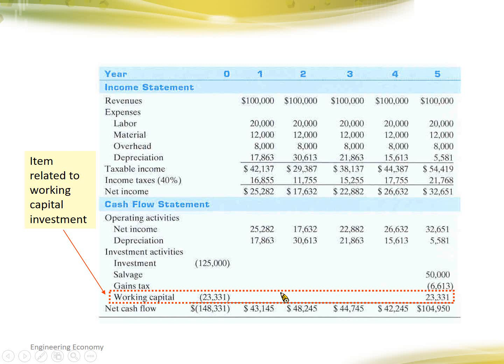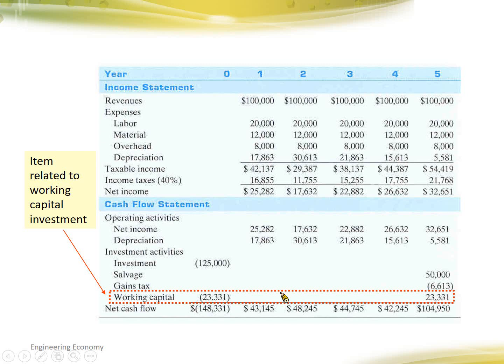So we just consider that, well, we have paid this amount. It will be used currently until the end of the project, then we'll get this amount back. Okay, so working capital as part of investment activity, money goes in the beginning, we get the money back at the end.